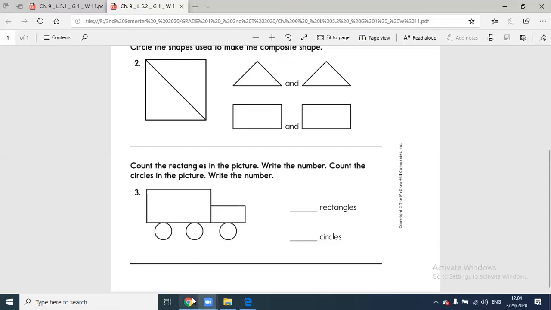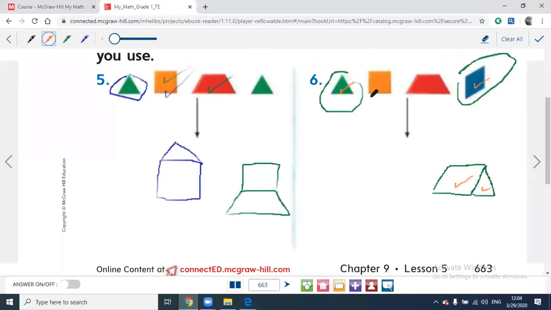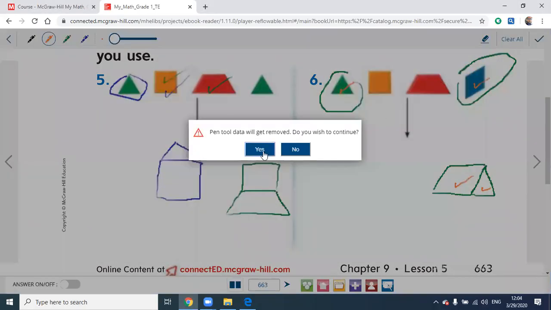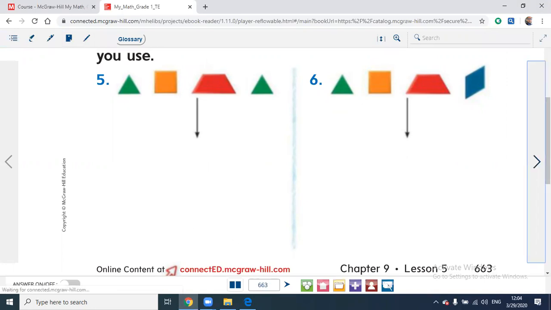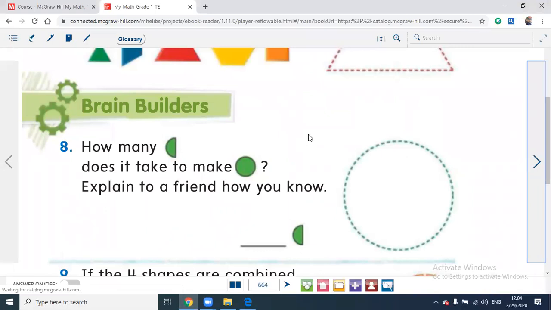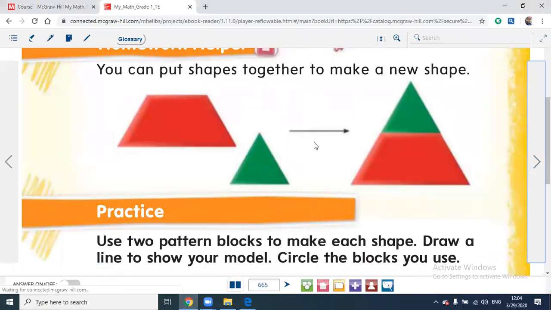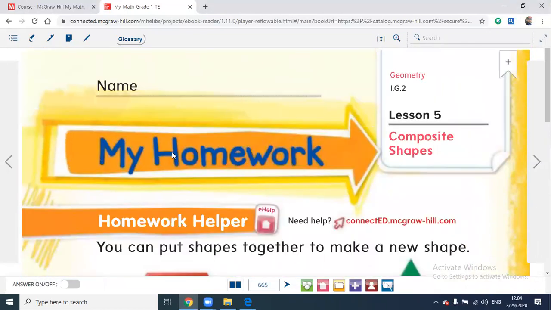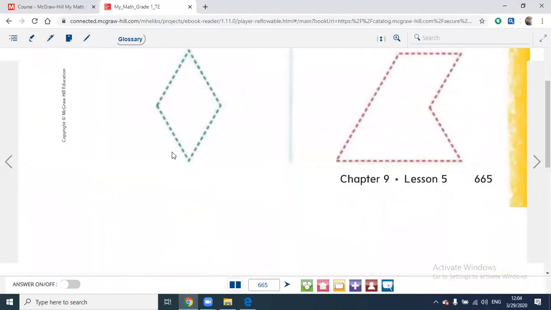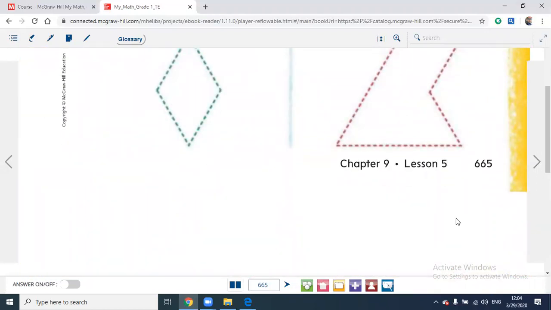And your homework will be page number 665 and 666. I hope you understand everything and see you soon, inshallah.